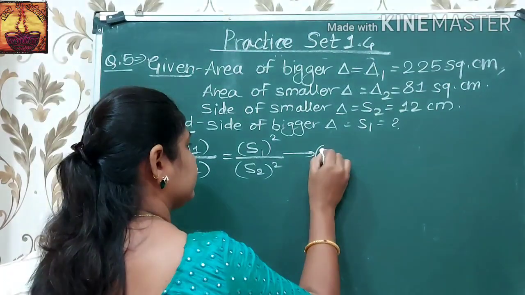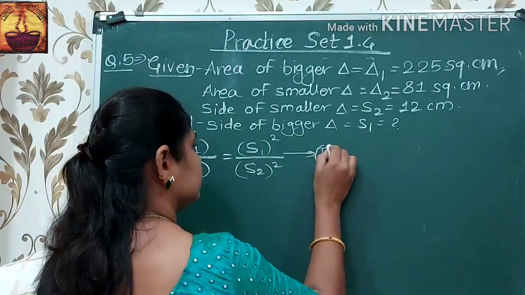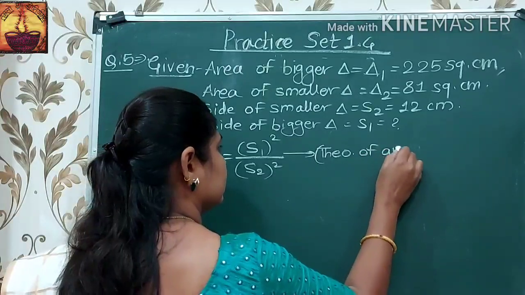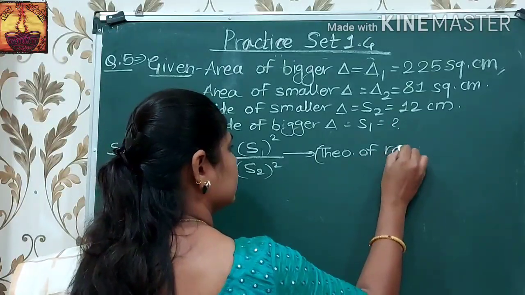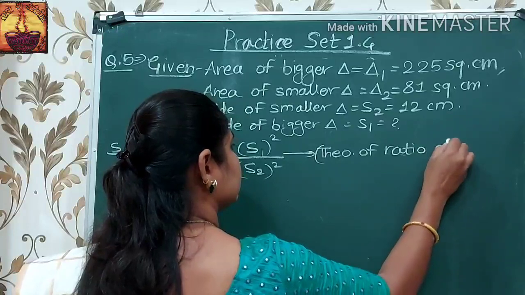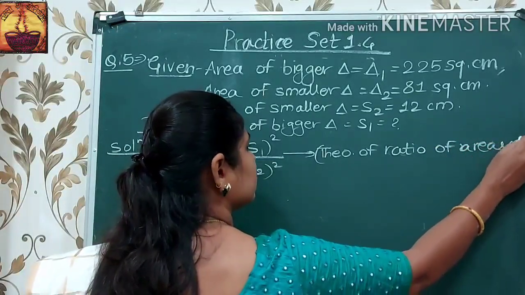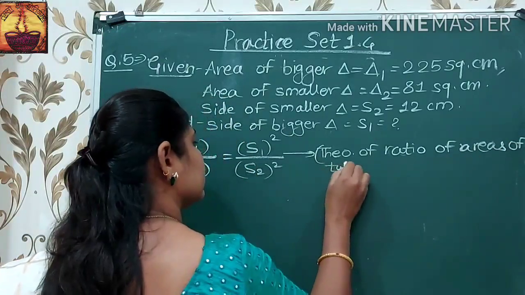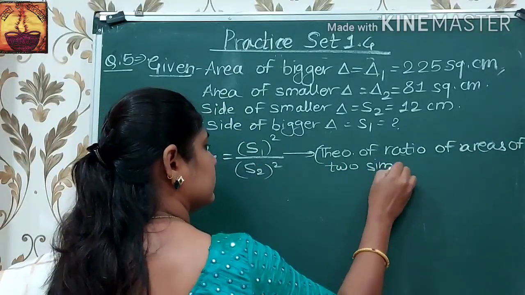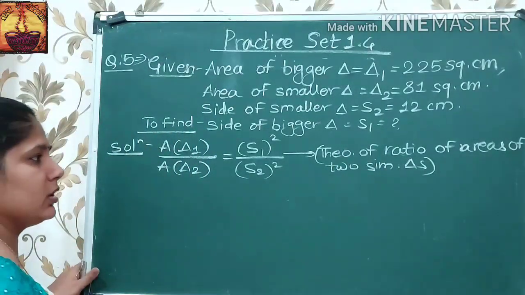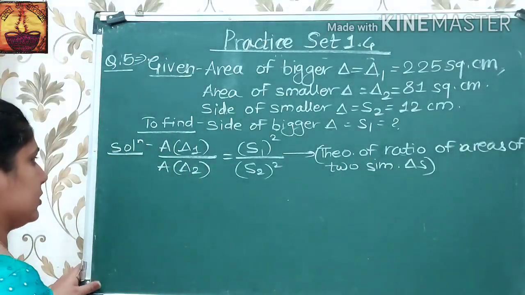Reason is the theorem of ratios of areas of two similar triangles.